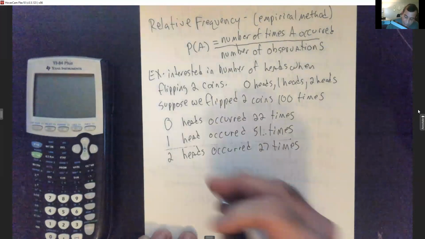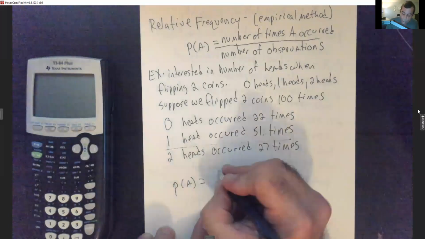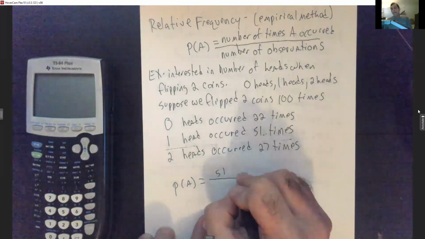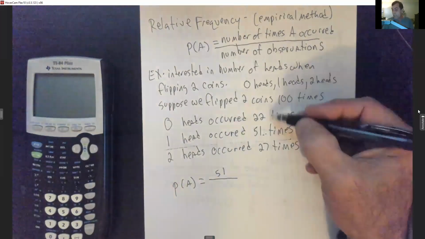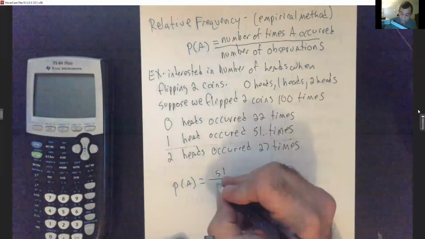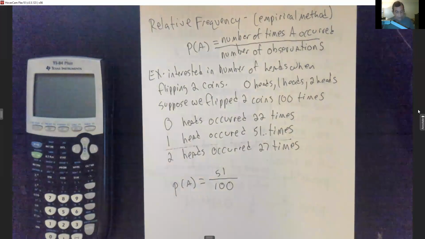So our P of A will be the number of times that this occurred, which was 51, out of the total number of observations. Well, we flipped this 100 times. Okay, now I'll show you.